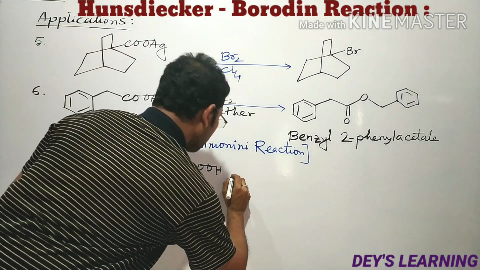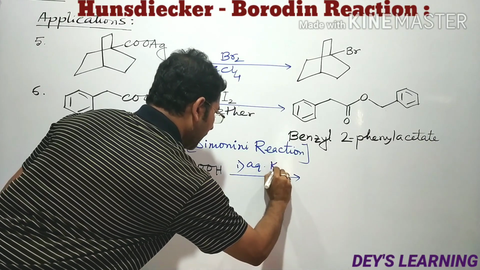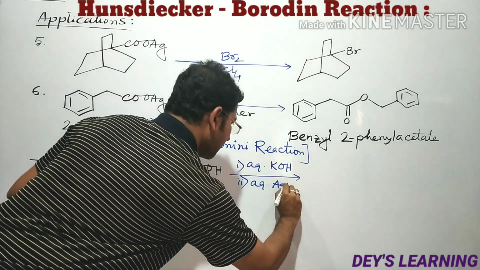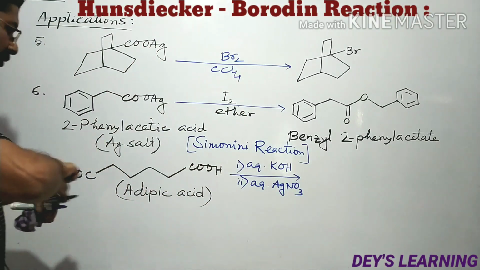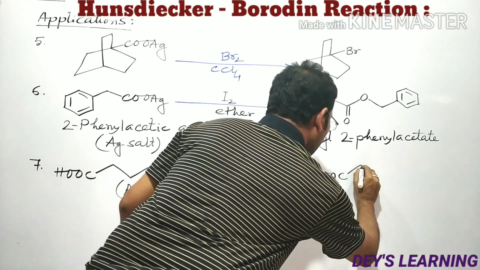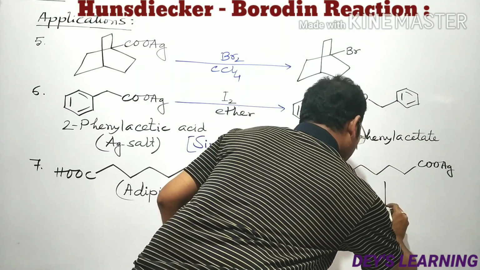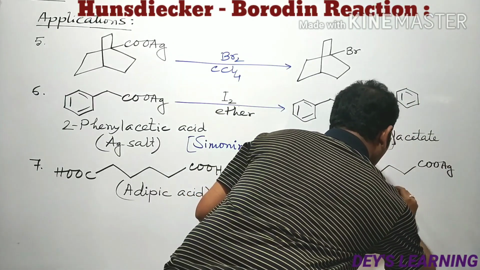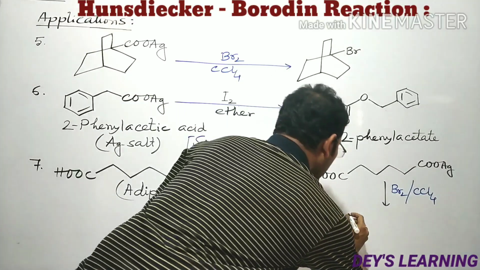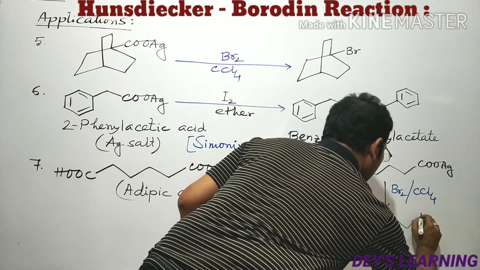If we treat this molecule by number 1 aqueous potassium hydroxide, next aqueous silver nitrate, we will get the silver salt AgCOC 1 2 3 4, then COAg, and on treatment of this molecule by bromine in carbon tetrachloride medium gives us bromine here 1 2 3 4 and bromine here.